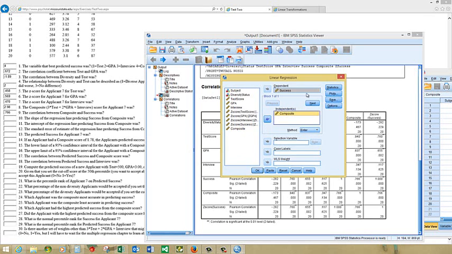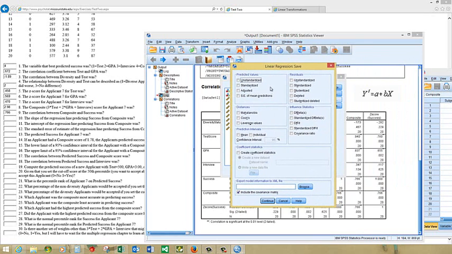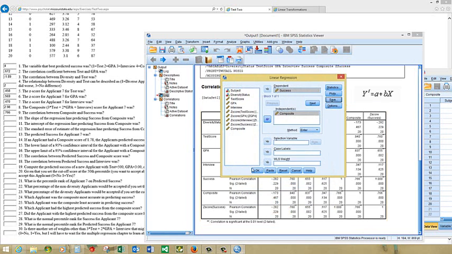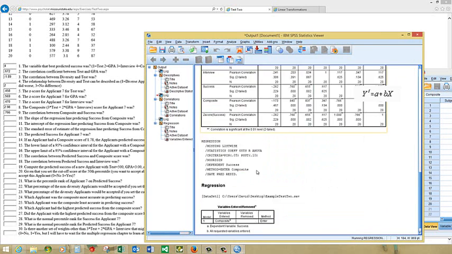And because we know we're going to need some things, we're going to ask to save some variables. Let's save the unstandardized predicted variables and the unstandardized residuals. And continue, and we'll just go OK.